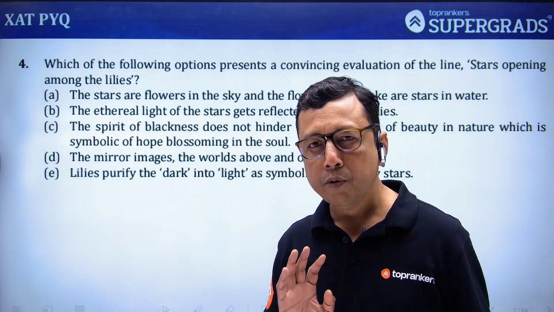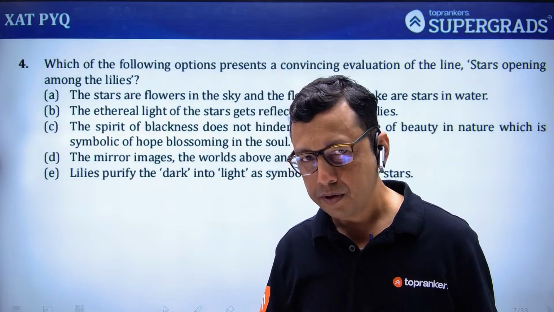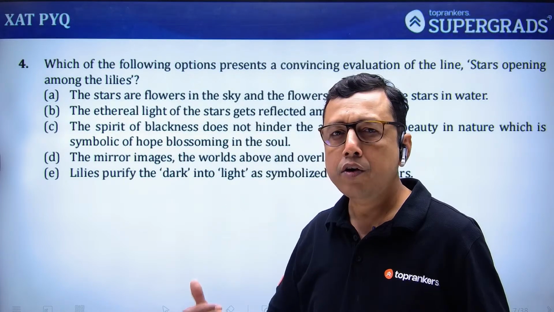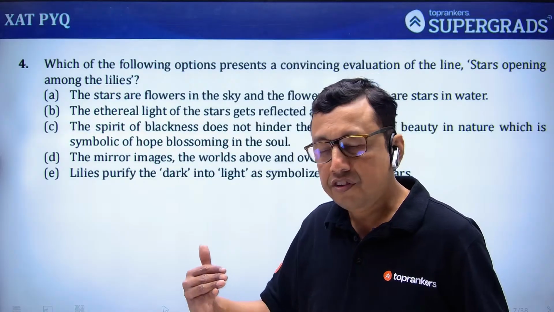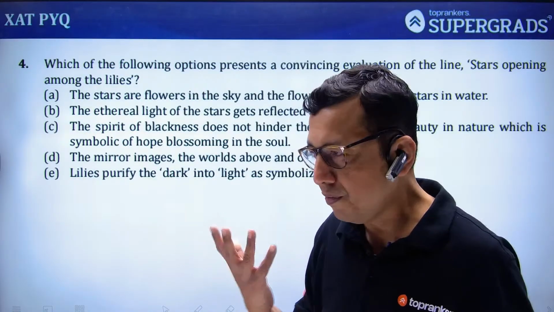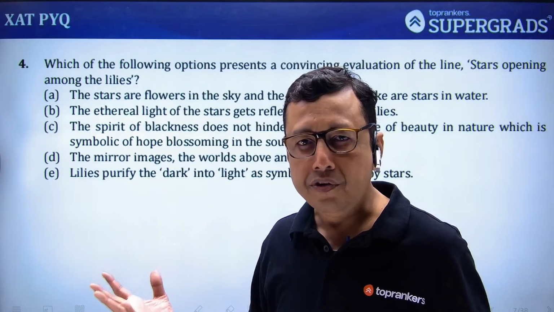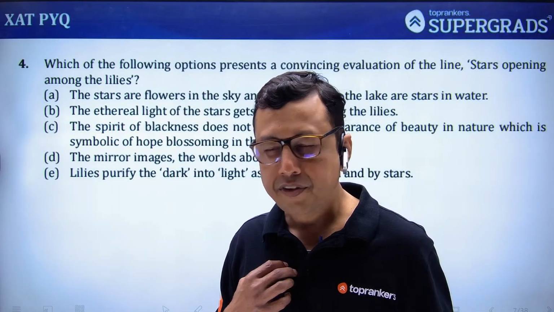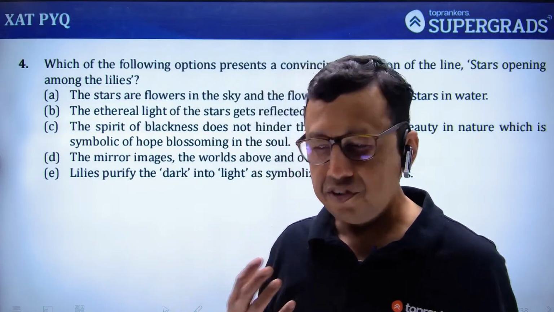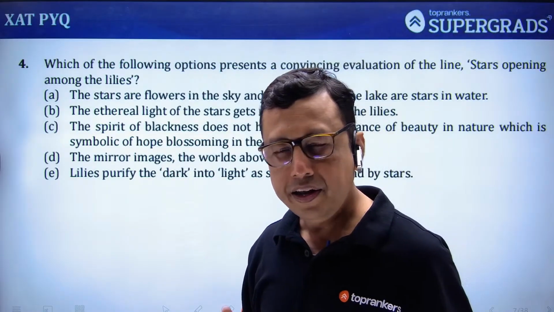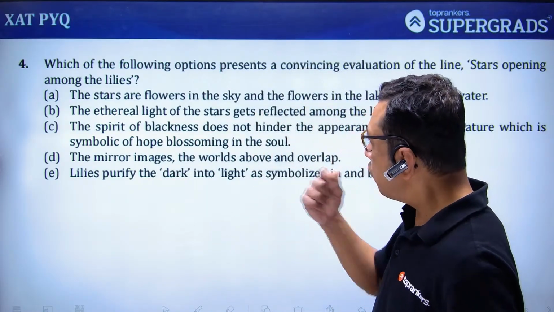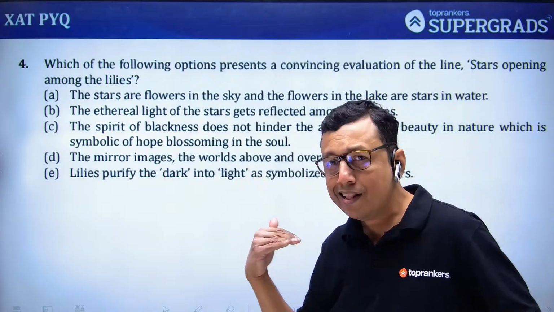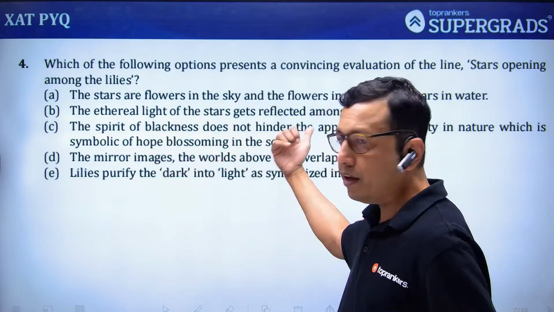I was talking about the idea of contrast. If you look at this option from that perspective, so far the author has suggested in the poem that it's all dark out there. Even our soul is dark. We are also engulfed in that darkness. The spirit of blackness does not hinder the appearance of beauty. But still, the idea of contrast is there in this option.